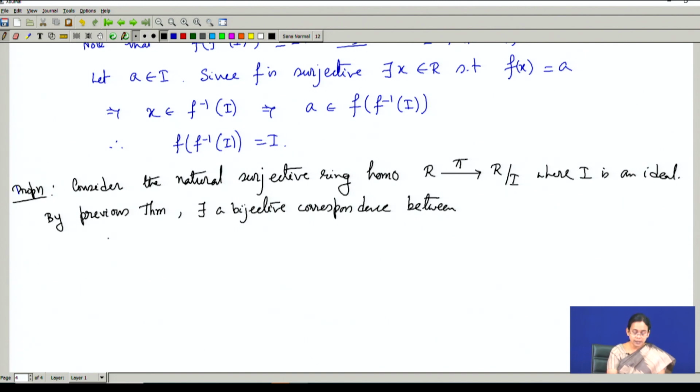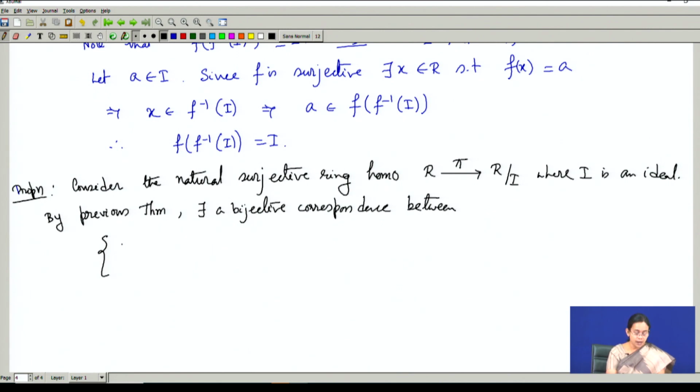So, what does it say? It says that the ideals of R containing the kernel of pi, but what is the kernel of pi? Kernel of pi is nothing but the ideal I, because all the elements of I are going to 0.